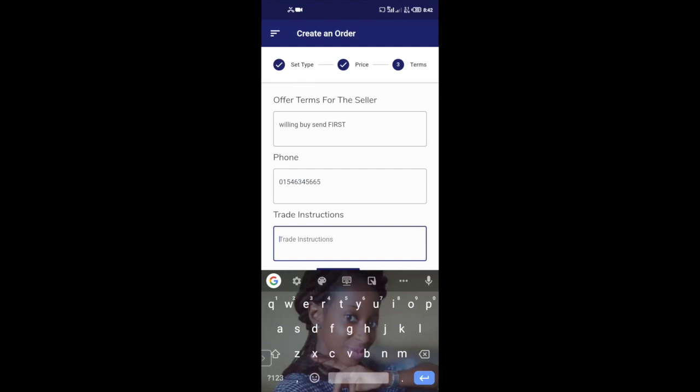Now, you have to be careful when you are selling, okay? You do not want to expose yourself to too much danger so that your bank accounts don't get blocked, okay, in all of this, okay? So the trading instructions can just carry probably your banking details. Let's say my name is Sam.